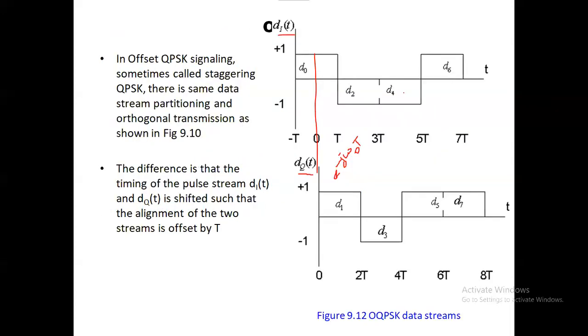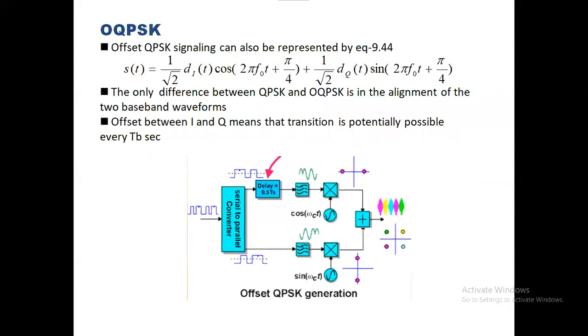Later on, we see the waveform of this. So this is, in fact, the delay of serial to parallel conversion, and we have the delay of half symbol duration, and then we do the same process, and we perform the QPSK signal.